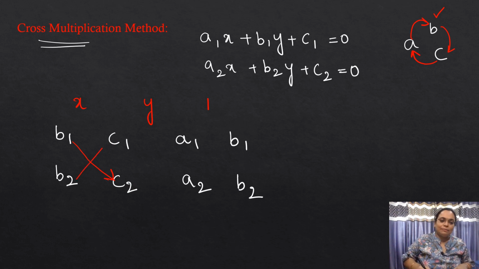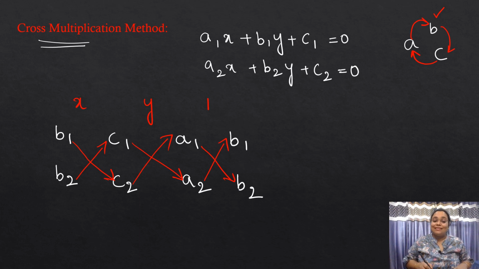The same with the next one: you will cross multiply C1 with A2 and then C2 with A1. Same with the next one: A1 with B2, then A2 with B1. Then you will subtract the products.